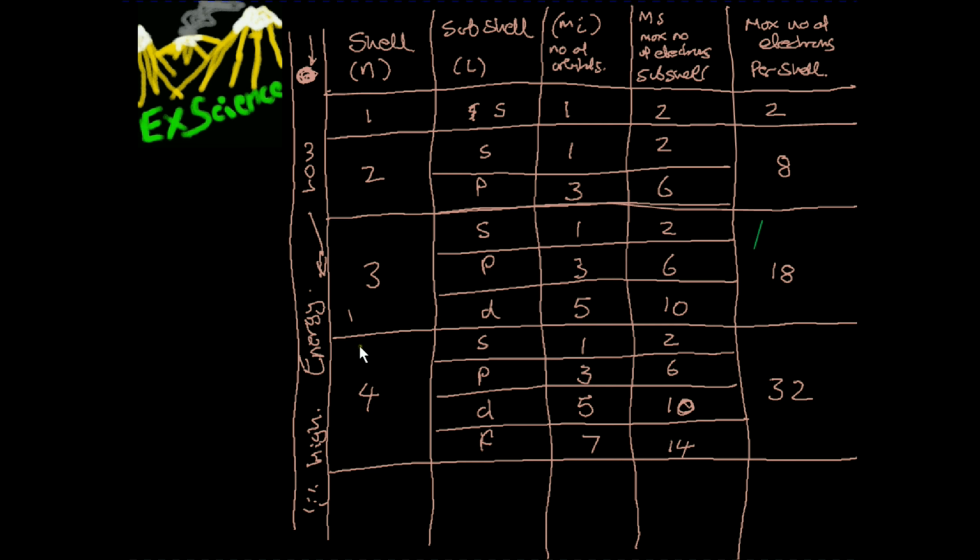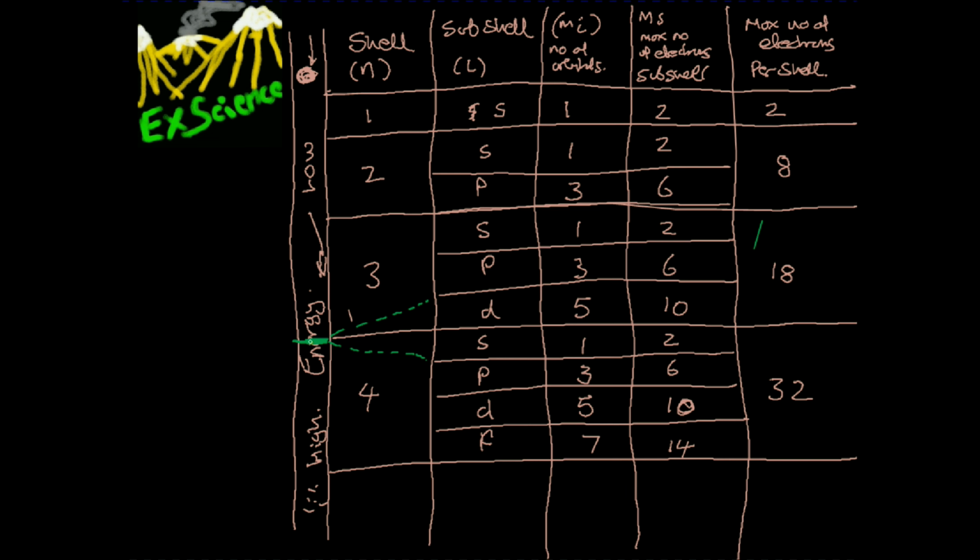So there are just 2 more points that I'd like to make. One of them is, if I draw a little line here and expand that out, in terms of energy, the 3D and 4S are very, very close together.